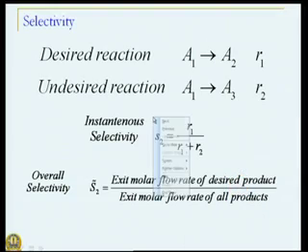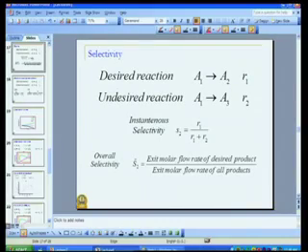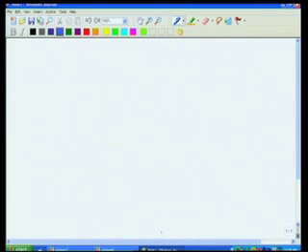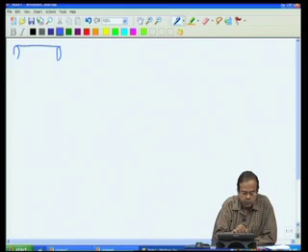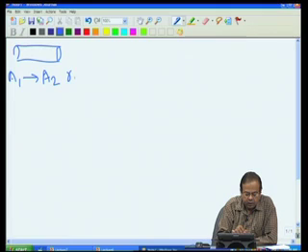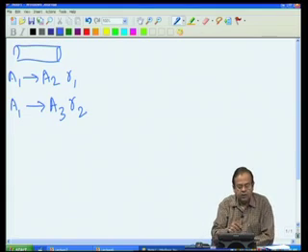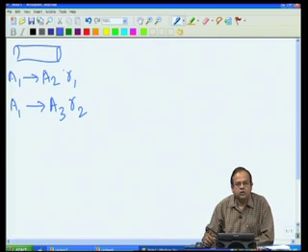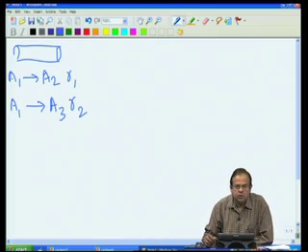So, let us work this same problem, but now let us say that we have a plug flow reactor in which these two reactions, A1 going to A2 at a rate R1 and A1 going to A3 at a rate R2, are taking place. Our first reaction gives the desired product A2, but unfortunately an undesired product also comes into the picture.